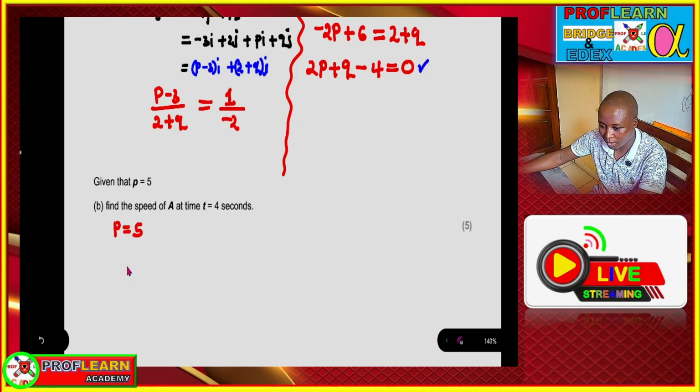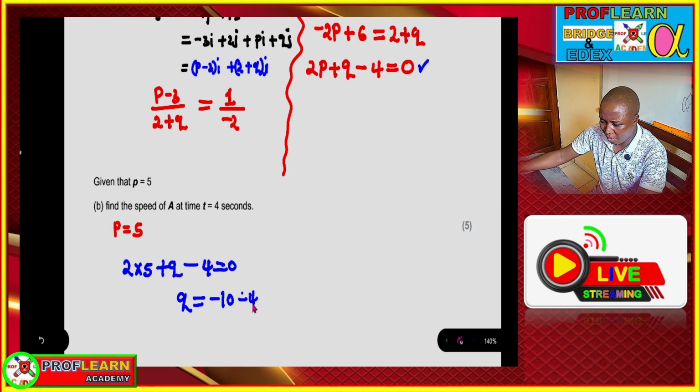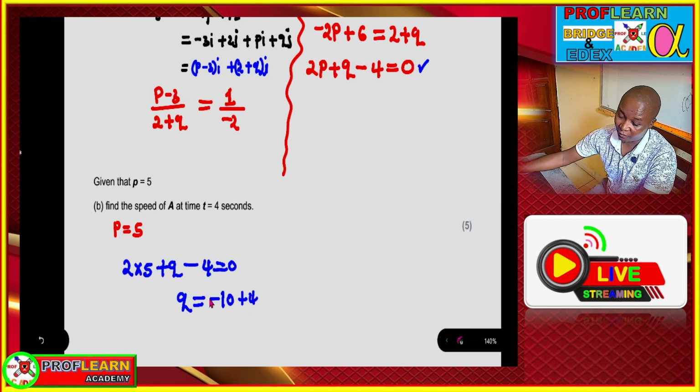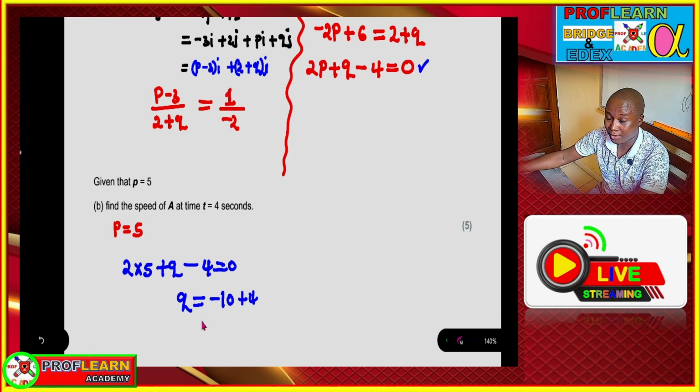We can say 2 times 5 plus Q minus 4 equals 0, which means Q is equivalent to minus 10 plus 4. So this is going to be negative 6.